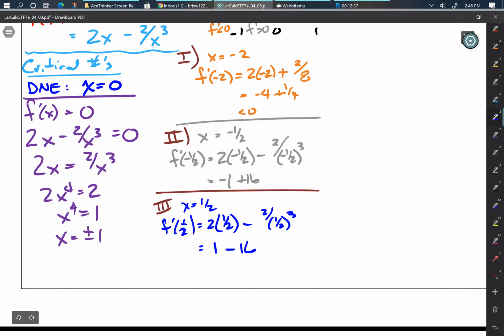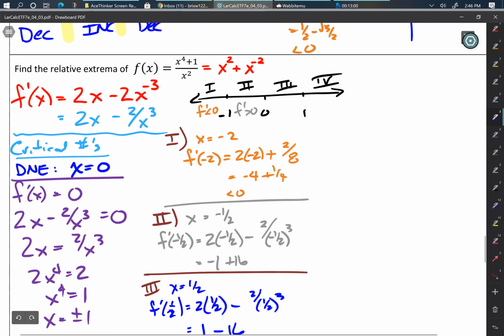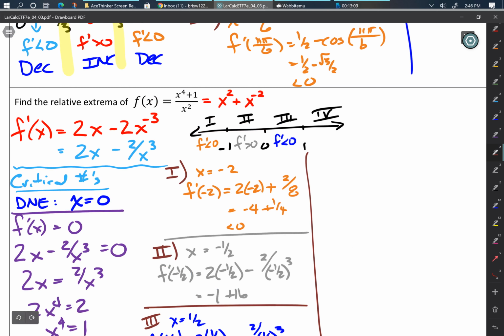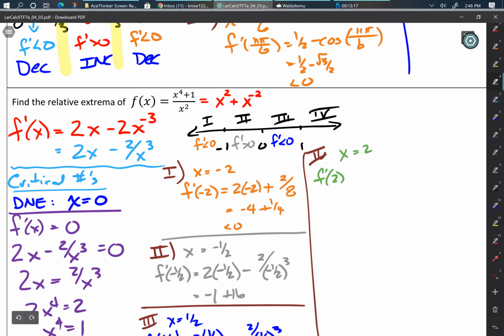So that's negative. So on our third interval, f prime is less than 0. Fourth interval, I'm going to pick x to be, how about 2? Sounds good to me. F prime of 2, 2 times 2 minus 2 divided by 2 cubed. 4 minus 2/8. 2/8 is 1/4. That's positive.